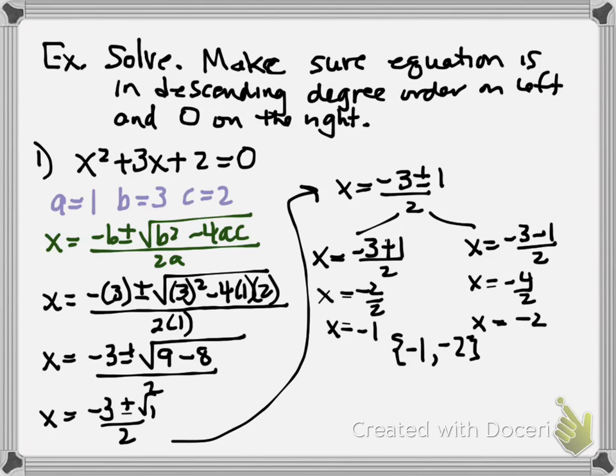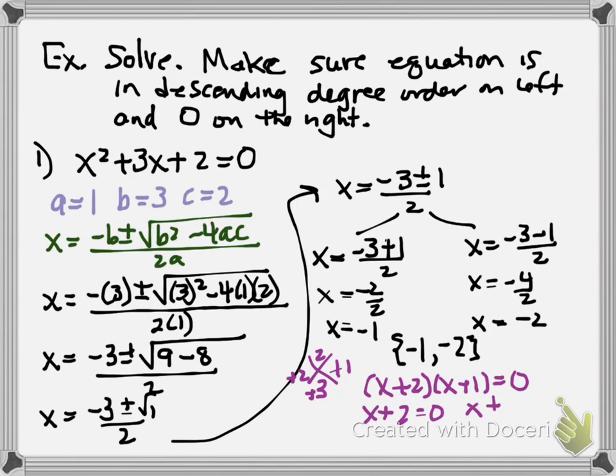Now, let's just compare this for a moment if we'd played the game. So factors of 2 that add to give me 3 are positive 2 and positive 1. Because my quadratic coefficient was 1, I would have had x plus 2, x plus 1 equals 0. I would have taken each of those factors, set them equal to 0, and solved.